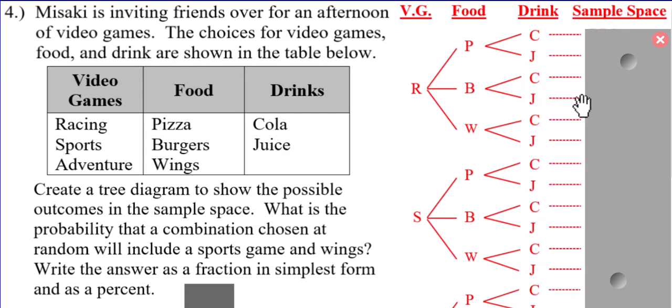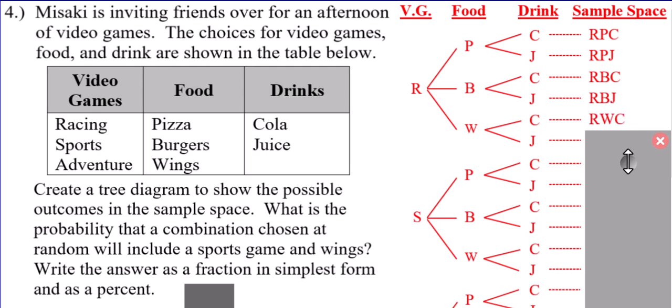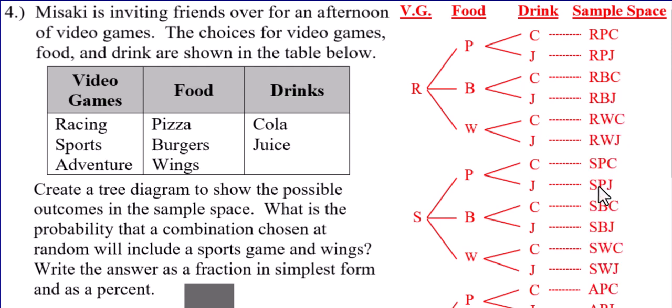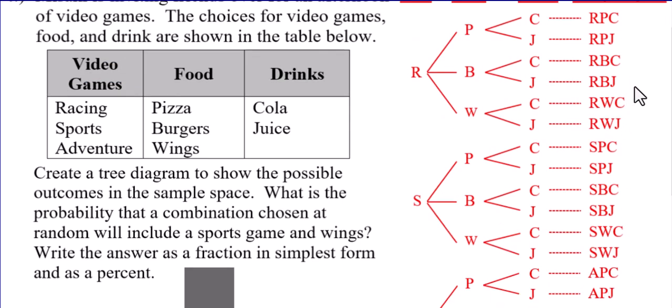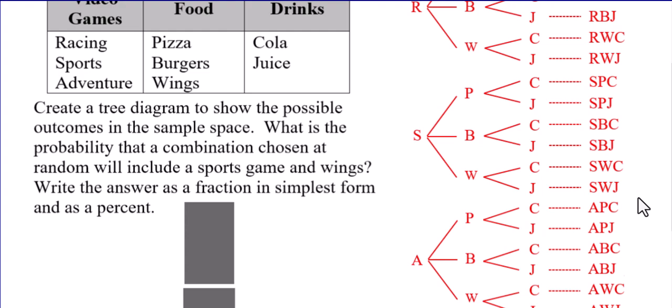And then finally for the sample space, hopefully you went racing, pizza, cola; racing, pizza, juice; racing, burgers, cola; racing, burgers, juice; and so on, and so on, and so on. Boom. So we have this for our tree diagram and the sample space.